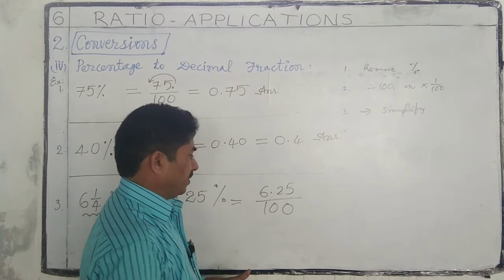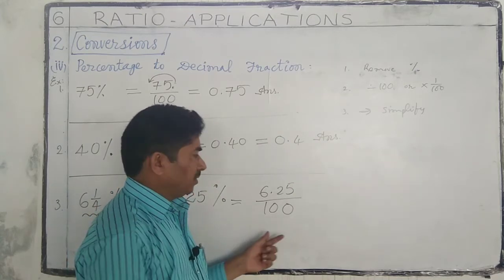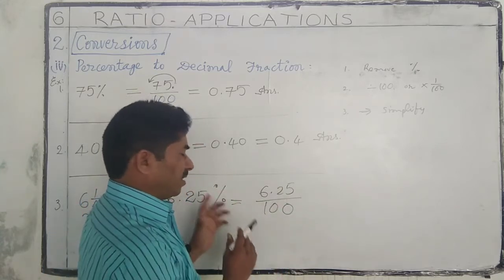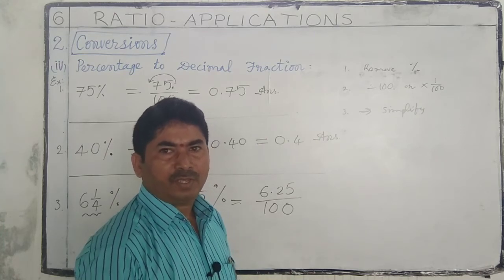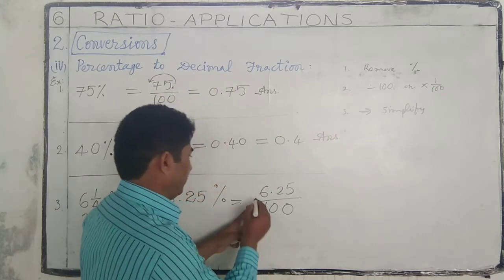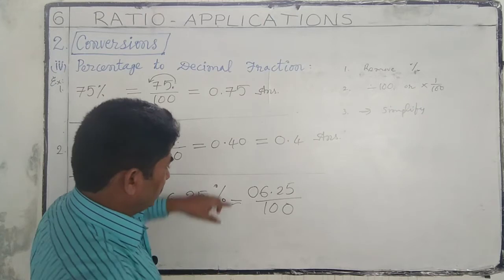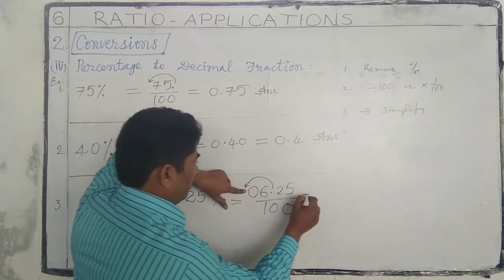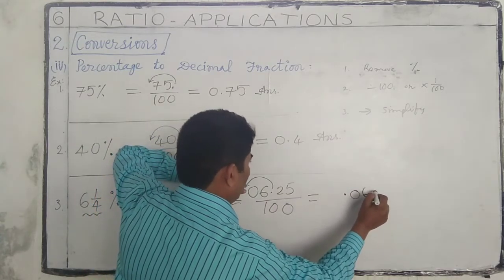To divide by 100, we have to shift the decimal point to the left by 2 places. If there are not sufficient places, keep the zeros and shift the decimal point. Here there are not sufficient places, that's why we have to keep a 0 and shift the decimal point. 0.0625.